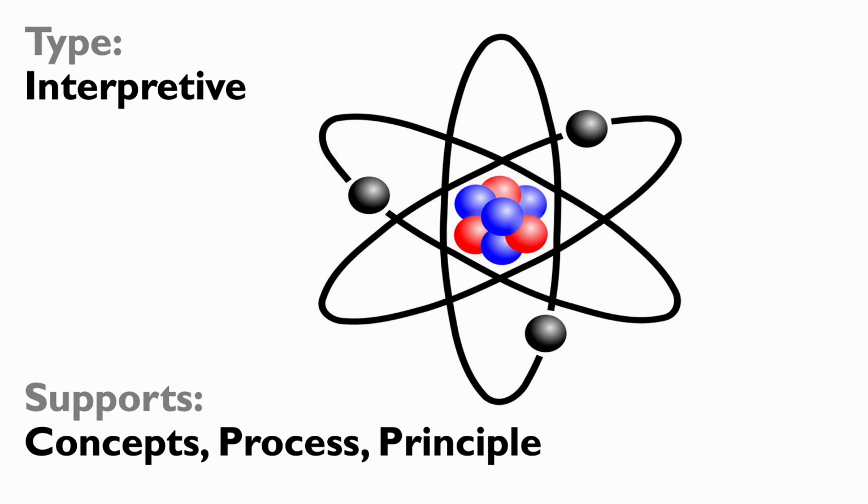And again, these are graphics used to support the learning of concepts, processes, and principles. And so these can be very important when used with verbal information, as well as other examples to help learners interpret and understand concepts and processes and principles.